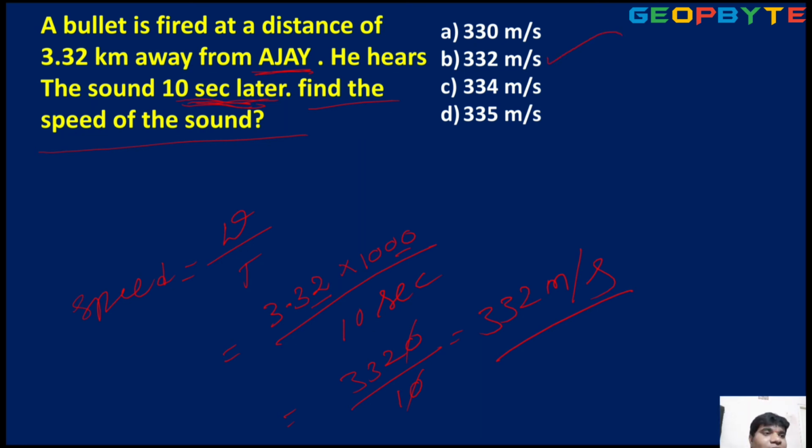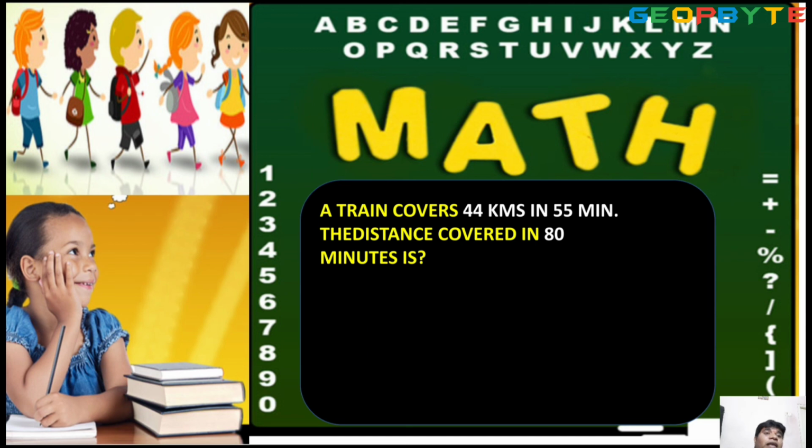Okay, children. Next. A train covers 44 kilometers in 55 minutes. Find the distance covered in 80 minutes. 55 minutes is 44 kilometers, so 80 minutes how many kilometers?